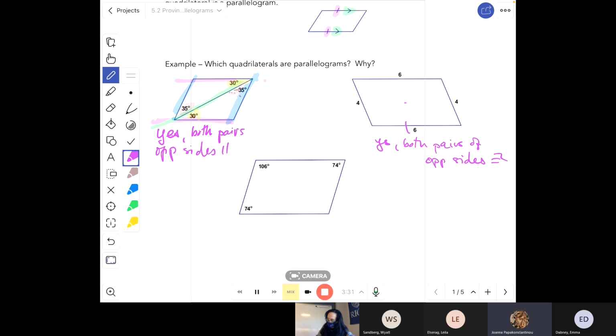All right. This is congruent to this. This is congruent to this. Okay, what about the next quadrilateral? Is it a parallelogram? And how do you know?